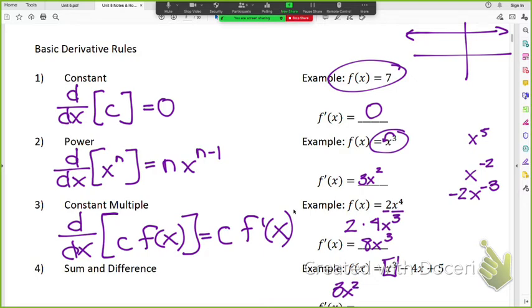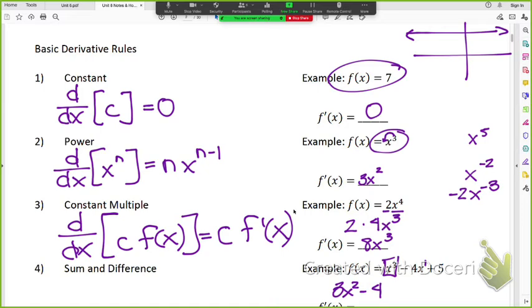What's the exponent on the x? 1. So let's think through this one. Any exponent to the 0th power is going to be 1. Here's how this works. You take that 1 exponent, just like in the power rule, and you bring it down and multiply it by the number in front. That's still negative 4, right?